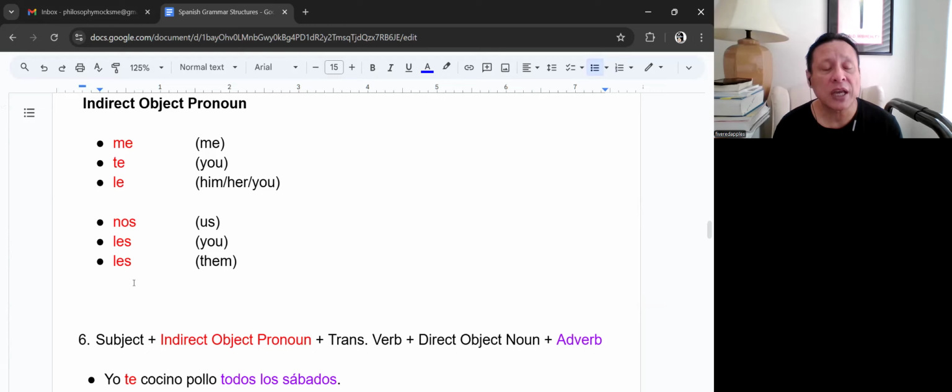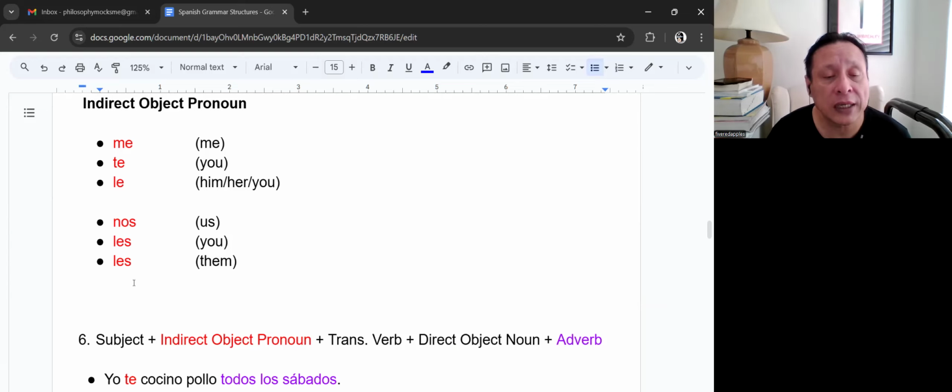The only thing you have to change is the lo la to le, just easy because it's just the e and it's just one word, and you change the los las to les, which is easy because it's the e way and it's different from the other way, and it's just one word. You don't have to worry about gender. So if you learn the direct object pronouns, learning the indirect object pronouns will be nothing. Just practice a little bit, and you'll see the pattern, and you start to get used to it.